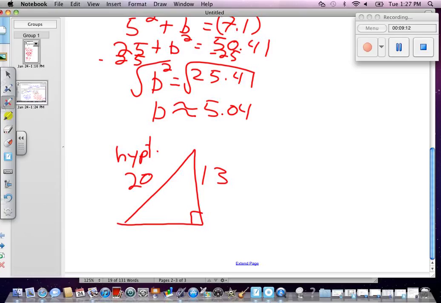Area of a triangle equals 1/2 base times height. So I've got some height here. Do I have a base? No. So I have to find this. We'll call that A. 20 is a hypotenuse, so that's C. And we'll call 13 B. So I have 2 parts to this problem. I have to find my unknown side, and then I have to find the area. Everybody okay with that?